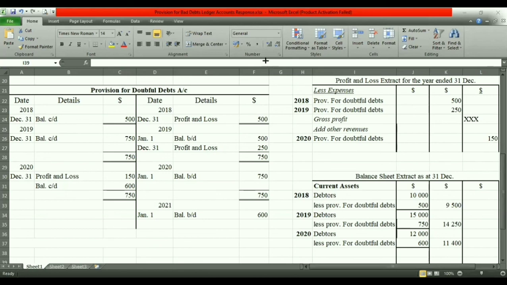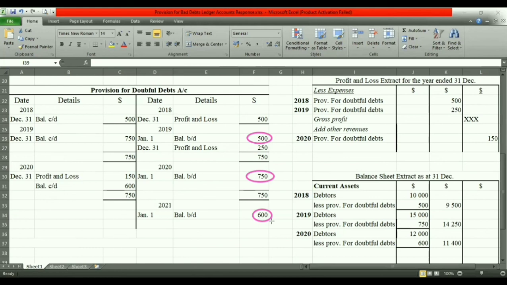In your provisions account, notice that these figures, the 500, the 750, and the 600 were the balances that you have calculated in your workings. So remember, you can double check if your provision for doubtful debts account is accurate by looking at your calculation, your workings.